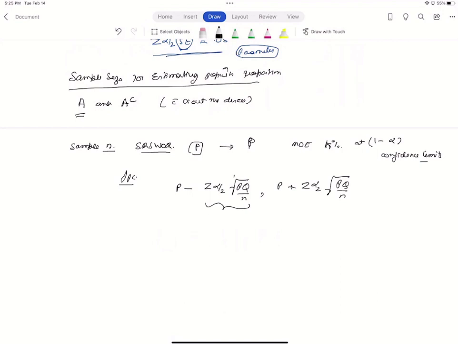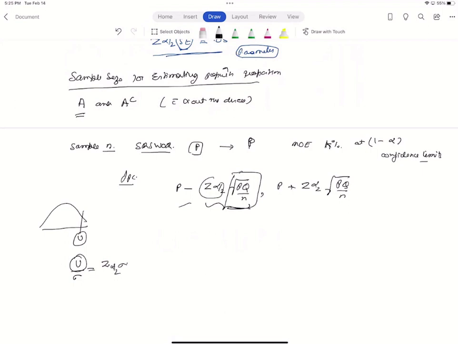At least this part is the standard error, which is just the sigma, and which gets you the upper limit. This divided by sigma gives you the z value, and since we want z half, you multiply it with this, and you get the upper limit. So that's what it is.